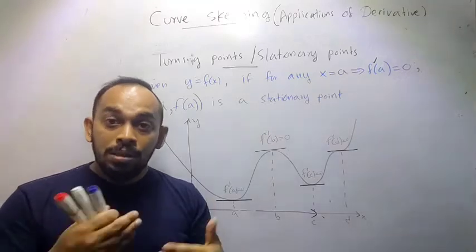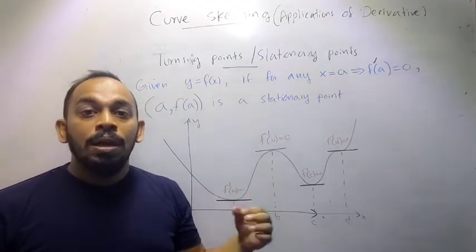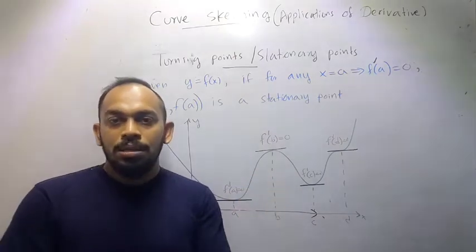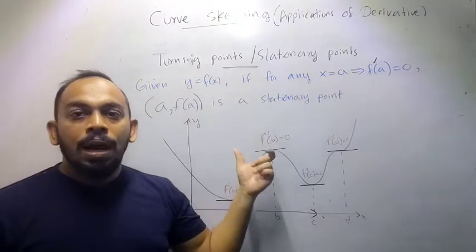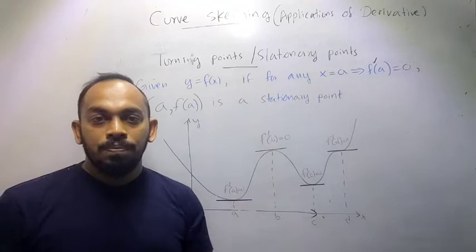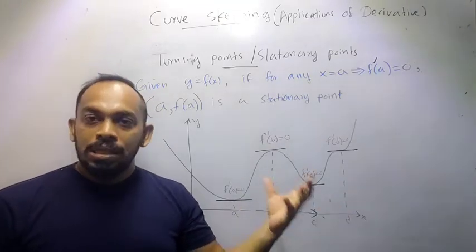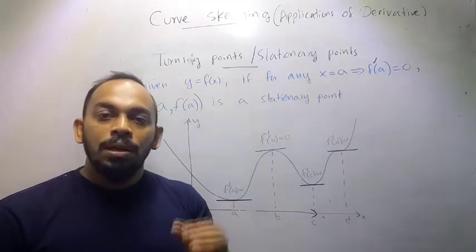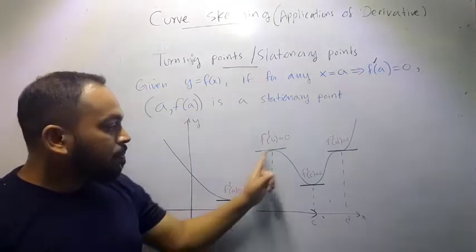We'll see how to distinguish between these next, but you should know that to find turning points or stationary points in general, we have to make our derivative equal to 0. In other words, the x values for which our derivative is 0 will give us the x coordinate at these points.